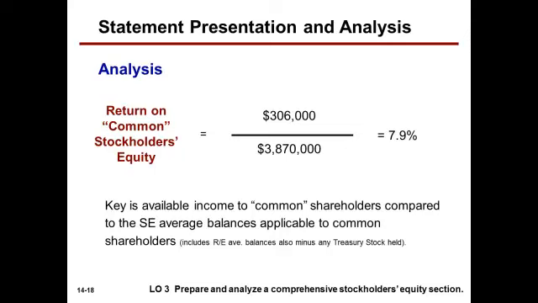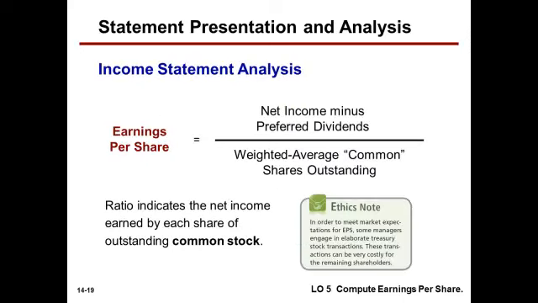That denominator, by the way, includes retained earnings minus any treasury stock that may be held. Another calculation, earnings per share, EPS: net income minus preferred dividends paid divided by weighted average common shares outstanding. This ratio indicates the net income earned by each share of outstanding common stock.